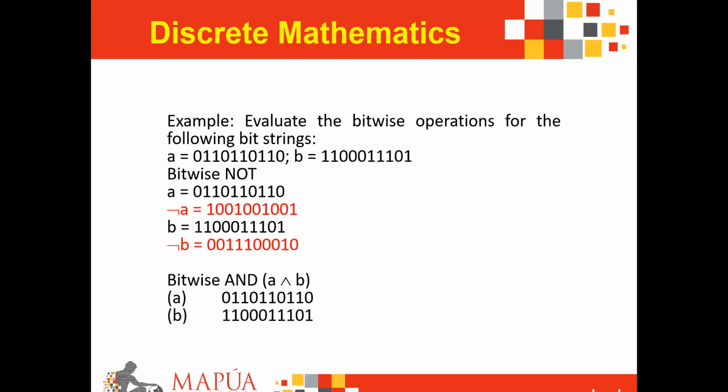So if we apply them on bit strings A and B, you'd end up with a corresponding bitwise AND result, which is equivalent to this bit string.